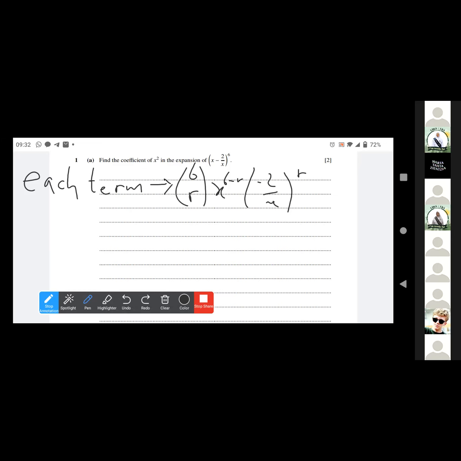This is a bit more tricky because, as you can see, again we have 3 factors.